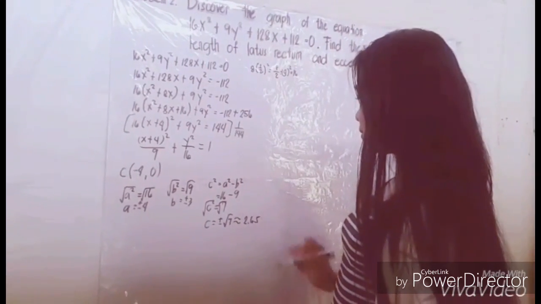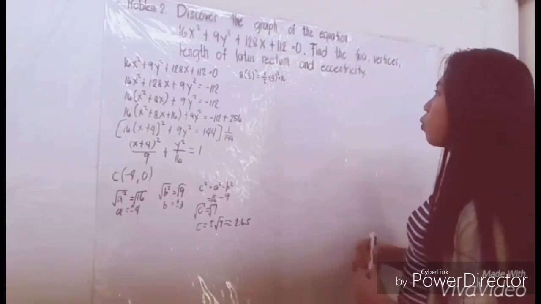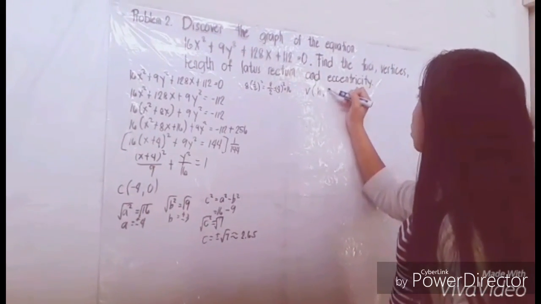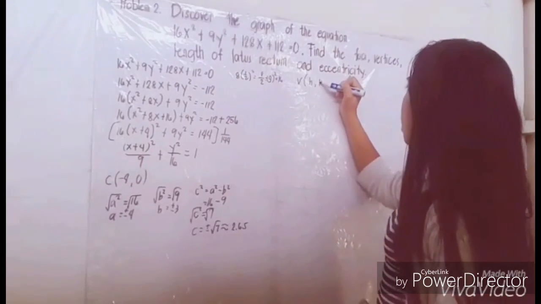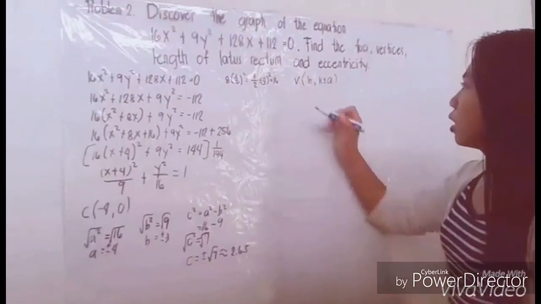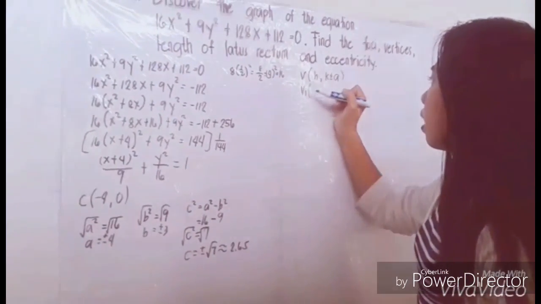Approximately 2.65. So to find our vertices, we have h, k plus and minus a.